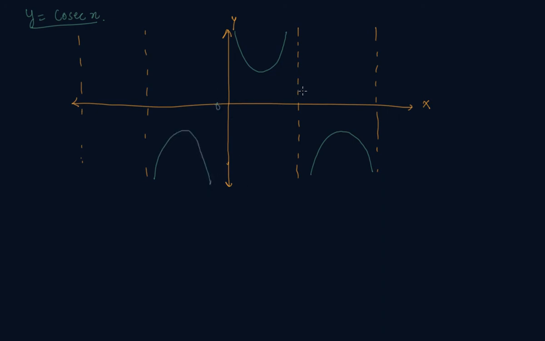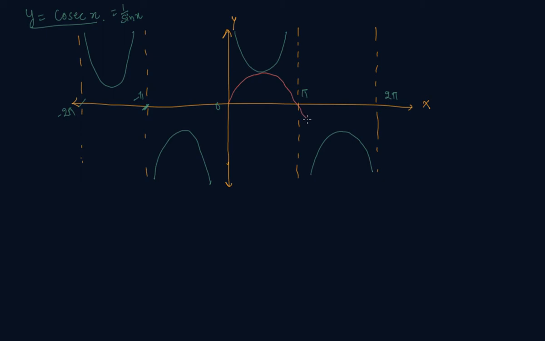This is 0, this is pi, this is 2 pi, minus pi, minus 2 pi. As you all know, y equal to cosecant x is equal to 1 by sin x, because cosecant and sine are inverses of each other. I hope you remember the graph of y equal to sin x, which I told you in my previous lecture.